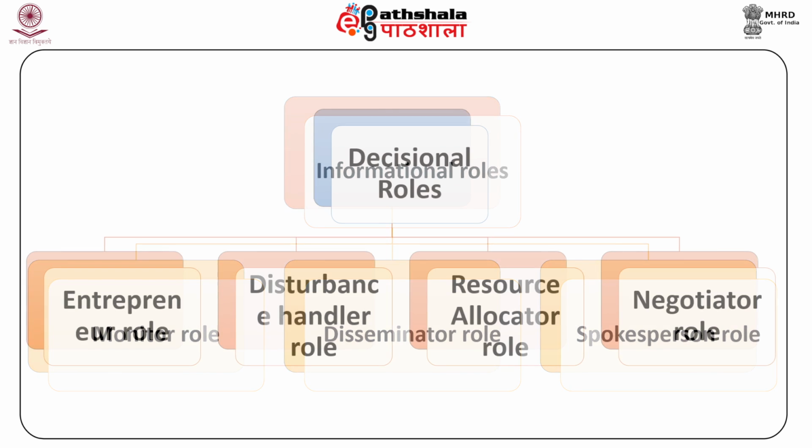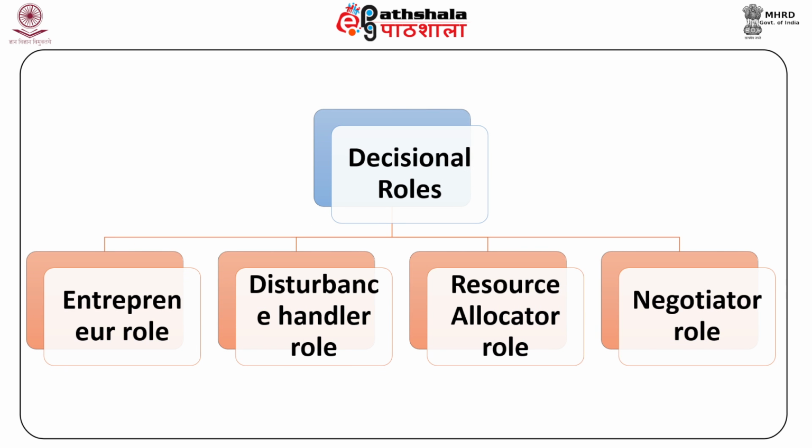Decisional roles. The decisional roles are further divided into 4 roles, namely entrepreneur role. Like an entrepreneur, the manager also coordinates various factors of production like land, labor and capital to achieve organizational goal. Next, disturbance handler role.